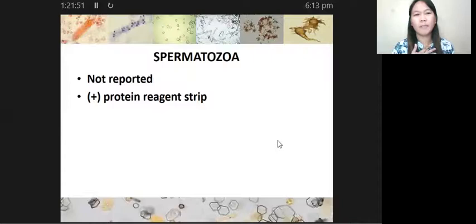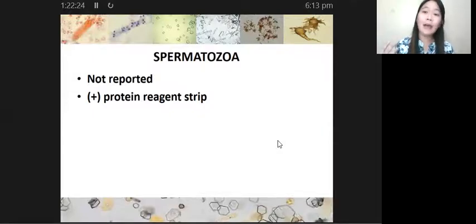Pero in some institutions, pag minor, ire-report mo kasi it's a possible medico-legal case. Pero pag hindi minor, wag mo nang i-report. Normal lang po na may sperm, pwedeng may sperm yung ihi.